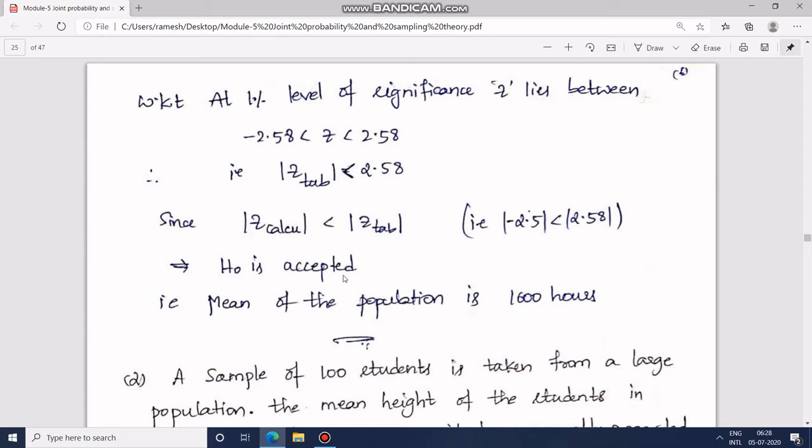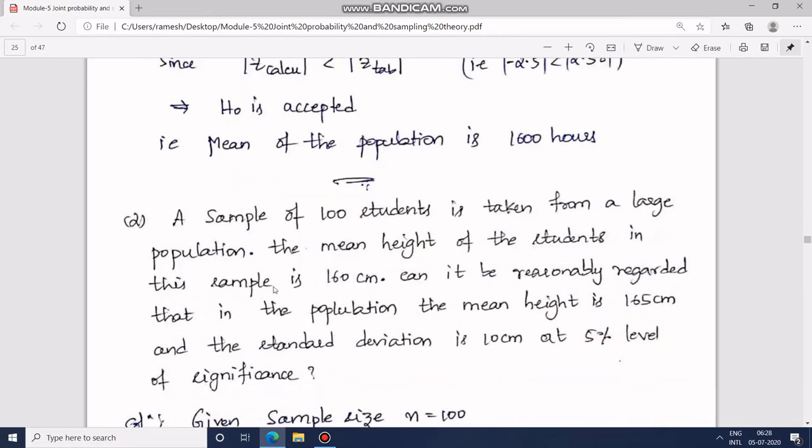Suppose if Z lies outside the interval, in that case we need to reject the hypothesis. But here our calculated Z lies within the given interval, hence our null hypothesis H naught is accepted. That means according to our assumption, the mean of the population is 1600 hours. Hence we can accept this assumption.